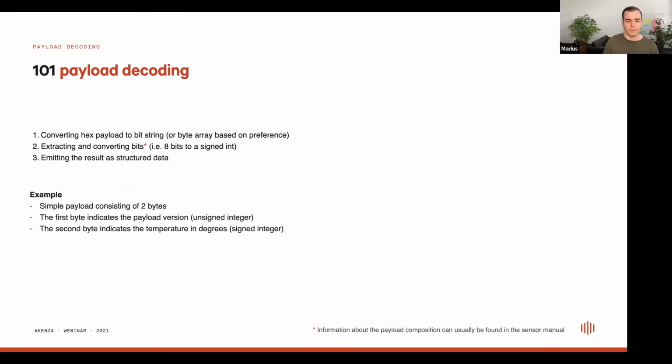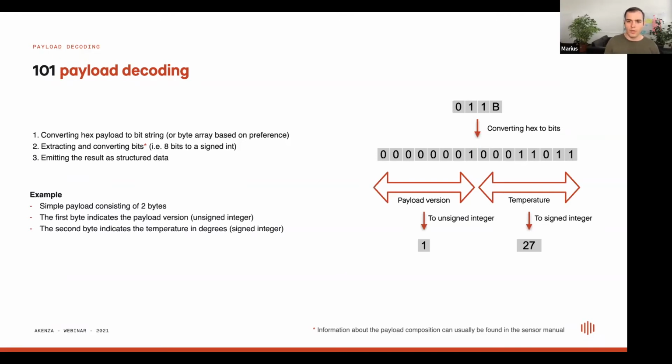For example, we have a simple payload consisting of 2 bytes. The first byte indicates the payload version, which is an unsigned integer, and the second byte indicates the temperature in degrees, which is a signed integer, as the temperature can also be negative. For the payload 011b, which is hex, we first convert this to a bit string.